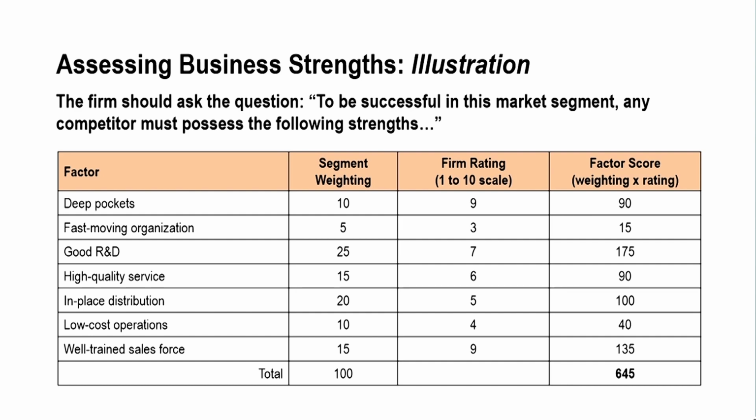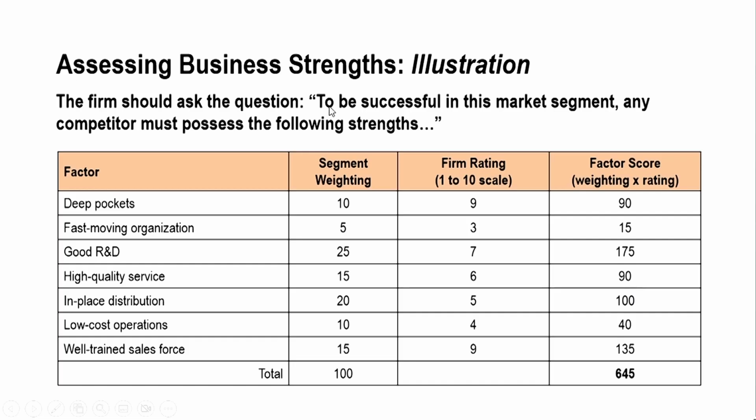And also the firm can ask questions like, to be successful in this market segment, a player must possess the following strengths. So, this is actually assessing the organization and its attributes with respect to segment analysis.